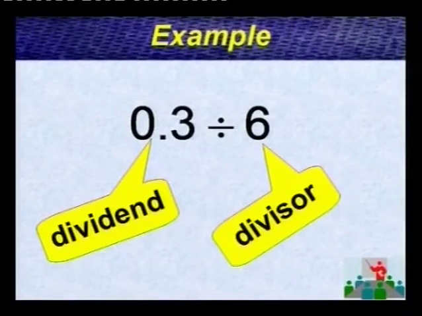Okay? 0.3 is the dividend and 6 is the divisor. You divide the divisor into the dividend. So these 2 terms will be used in this lesson very often.